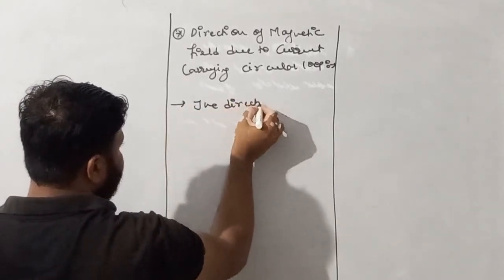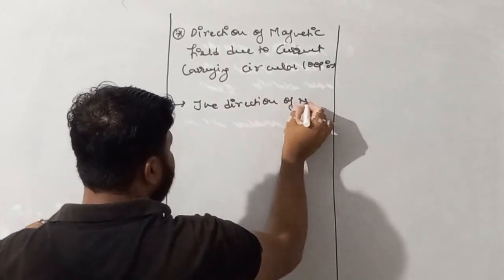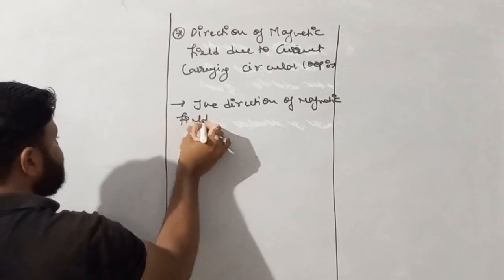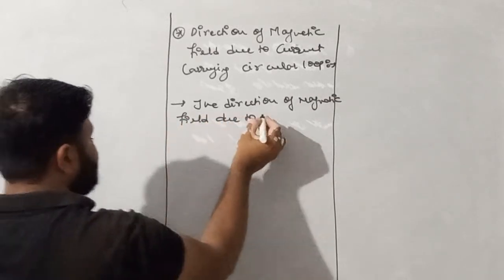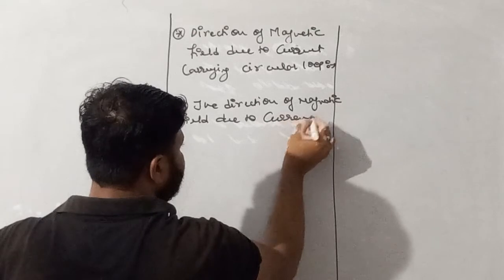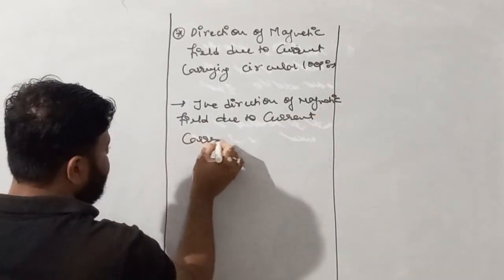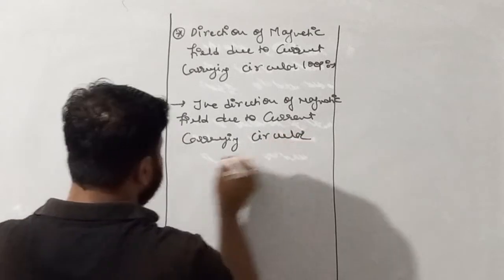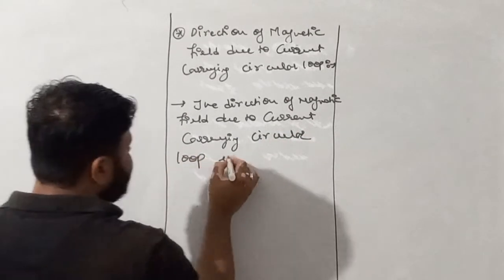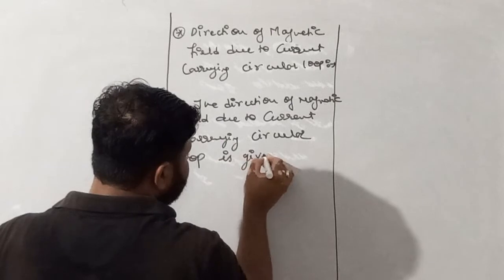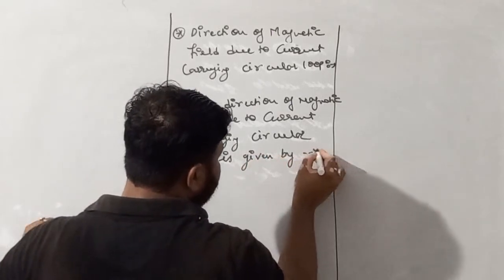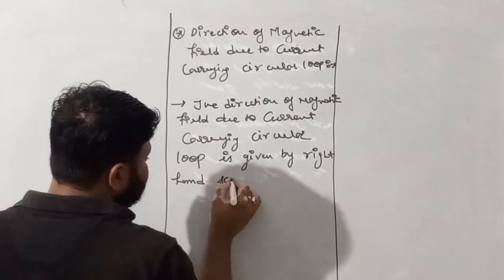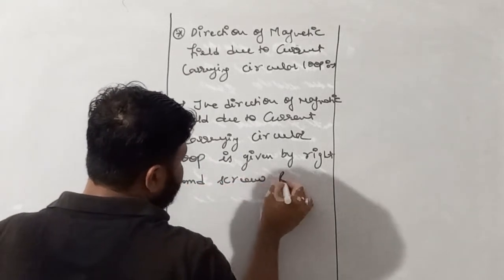The direction of the magnetic field due to a current carrying circular loop is given by the right hand screw rule.